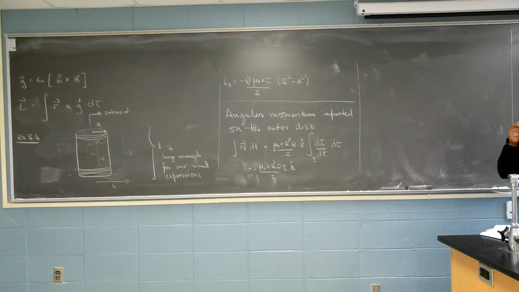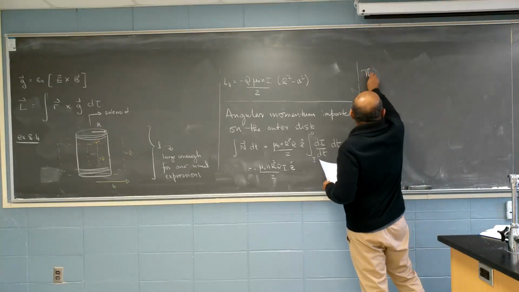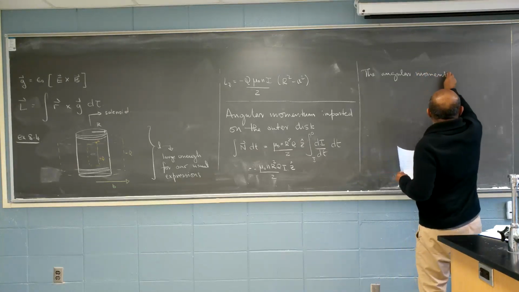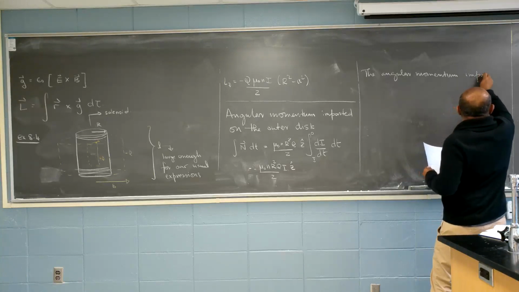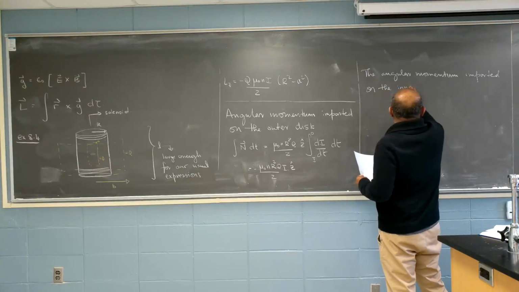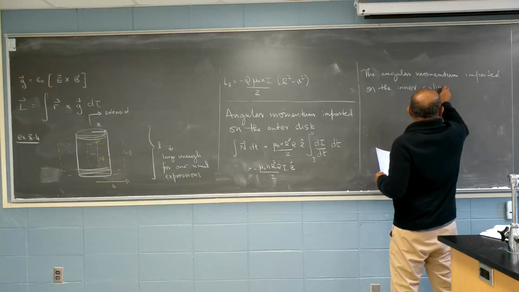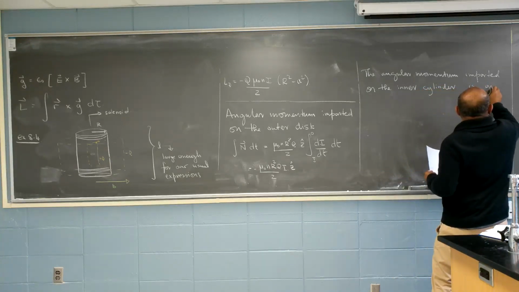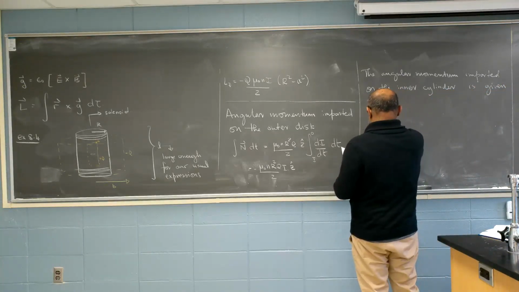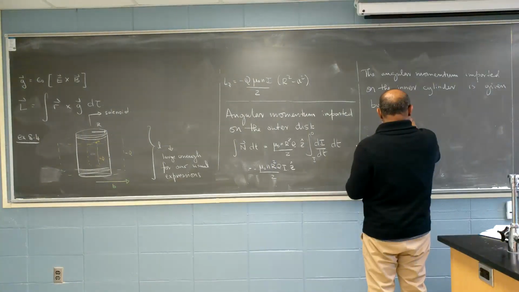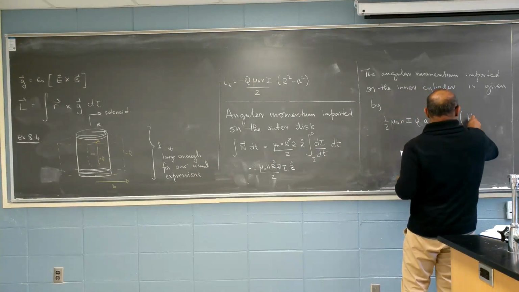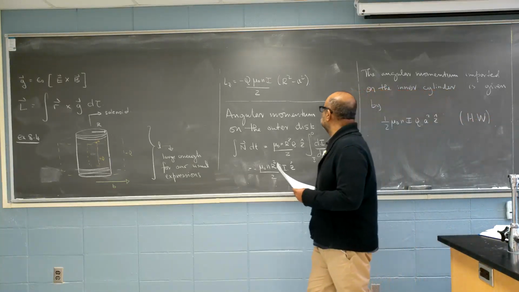I'm not going to repeat the calculation, but the angular momentum imparted on the inner cylinder is given by 1/2 mu 0 n I Q A squared z hat. And you verify this.